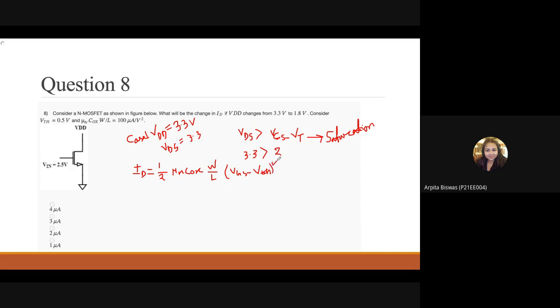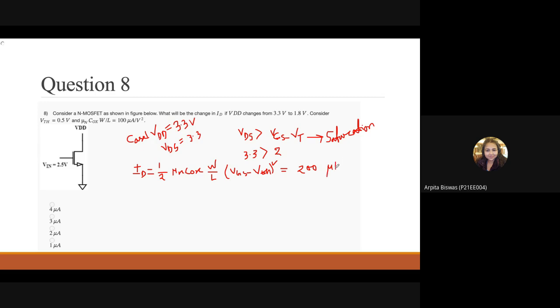So what is the value here? The ID is 200 microampere. Just put all these values. At first check whether it is in saturation or linear. If it is in saturation, then the equation is ID equal to half of mu n COX W by L into (VGS minus VTH) whole square.